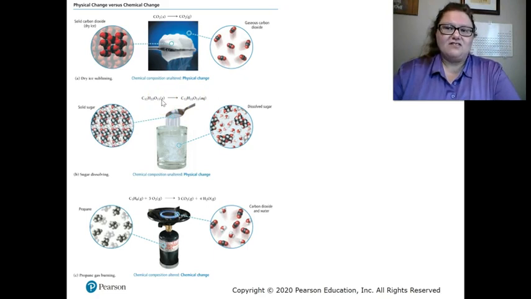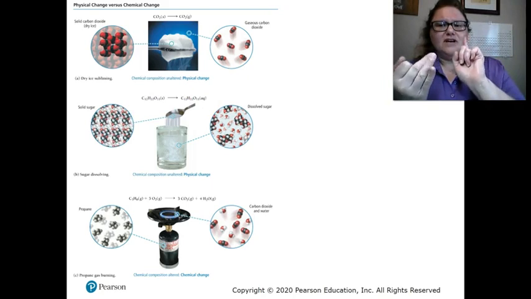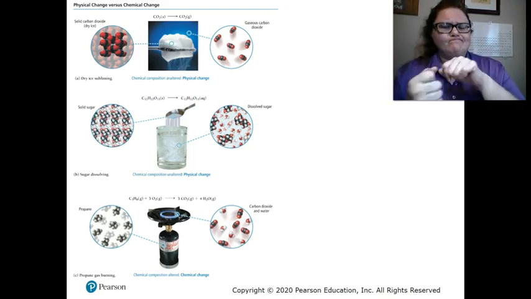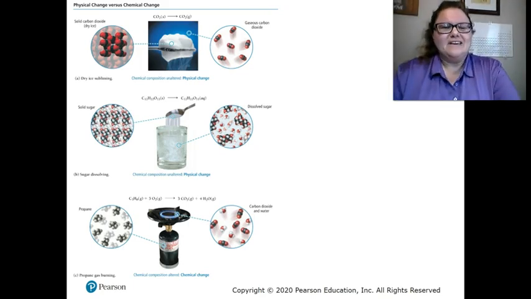But it went from an S solid to, whoa, what's this? AQ. We have solid, liquid, and gas state. What the heck is AQ? AQ is a special case scenario.